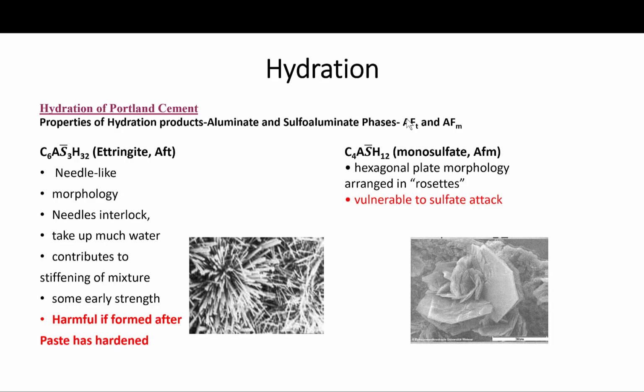It has already been stated before that during the early stages of hydration, the sulfate to alumina ionic ratio of the solution phases generally favors the formation of the trisulfate hydrate, which is the ettringite, C6AS̄3H32, as you can see here.